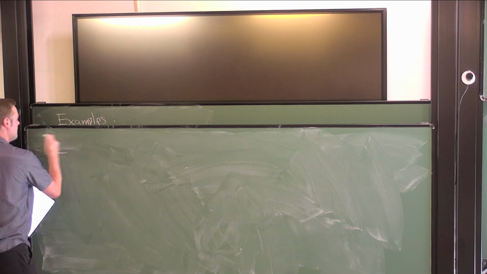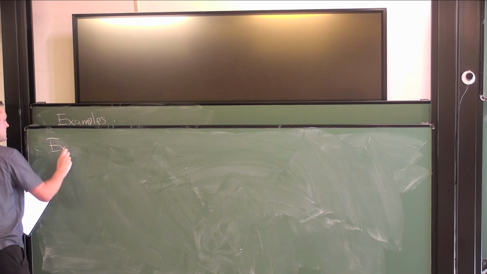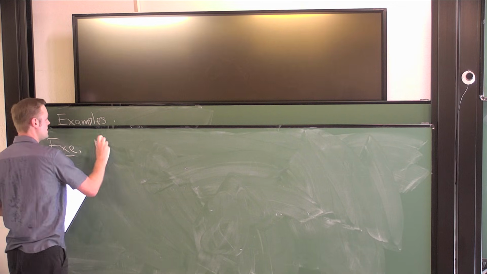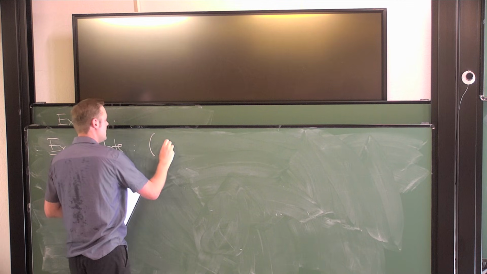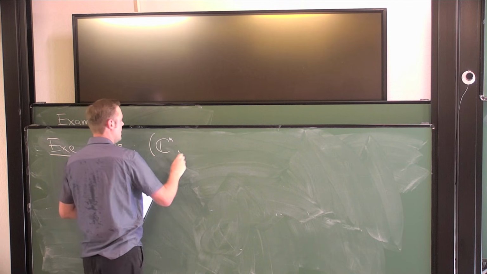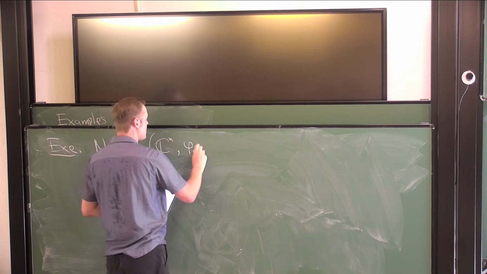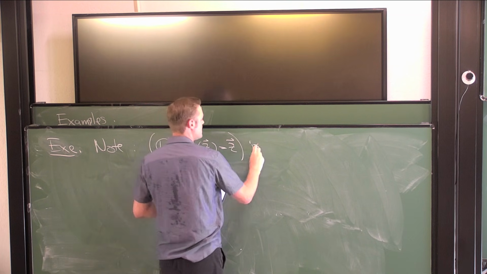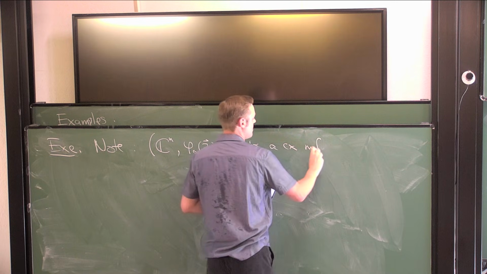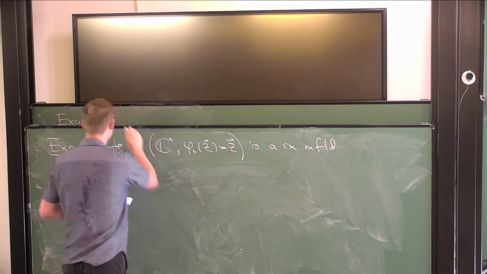So the exercise, I'll formulate it like this. So notice, this discussion means that C^n with phi 0 of z equal to z is a complex manifold of dimension n.